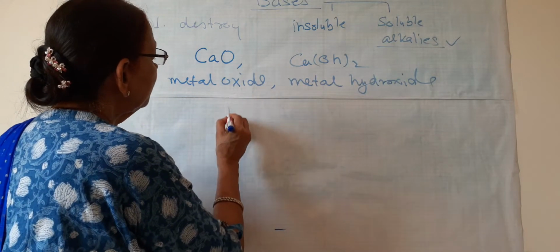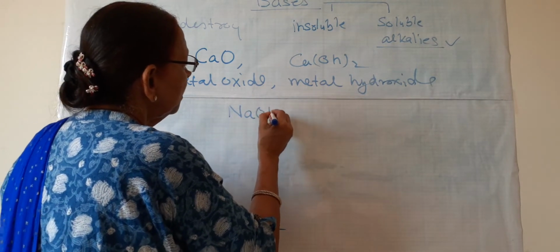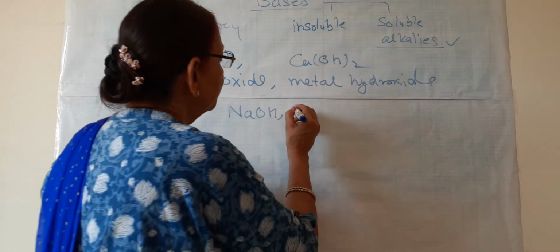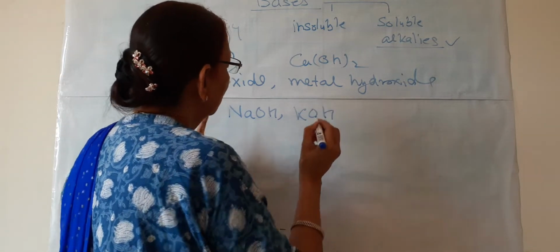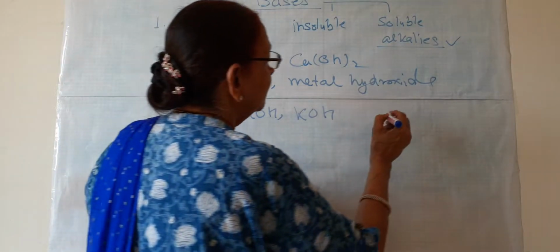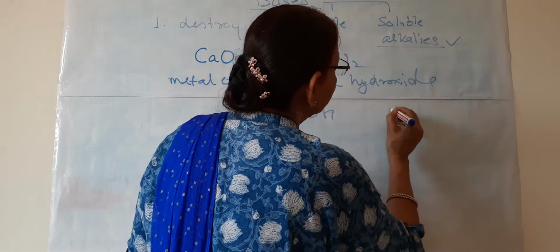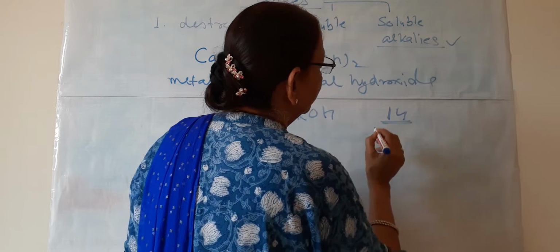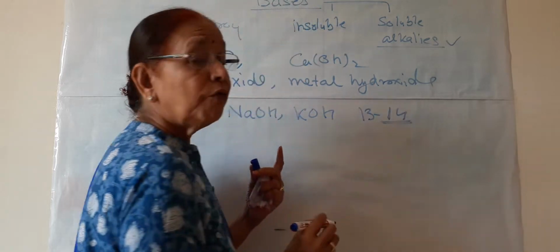The important examples of alkalis are NaOH and KOH. These two are the most important and they are the strongest alkalis, and their pH is near 13 or 14.